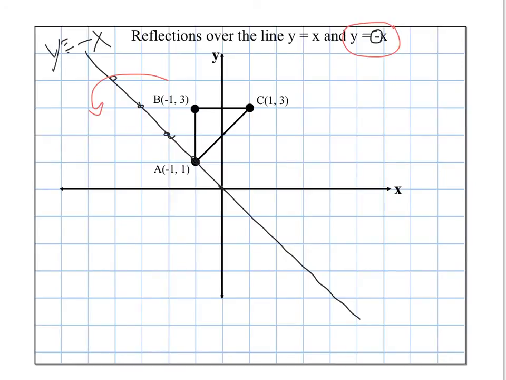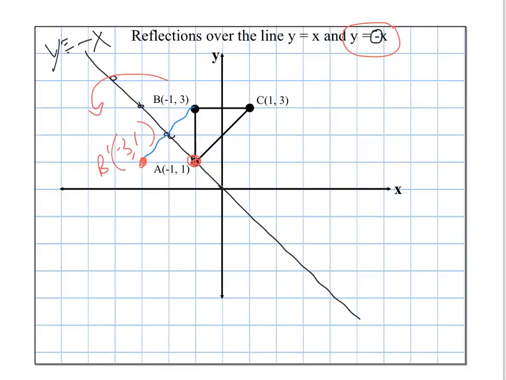All right, if we use our strategy of corresponding points, well, this one's really easy. A is on the line of reflection, so A is staying where it is. B is going to come right over here. There's going to be B prime at negative 3, negative 1. I'm sorry, that's negative 3, 1.